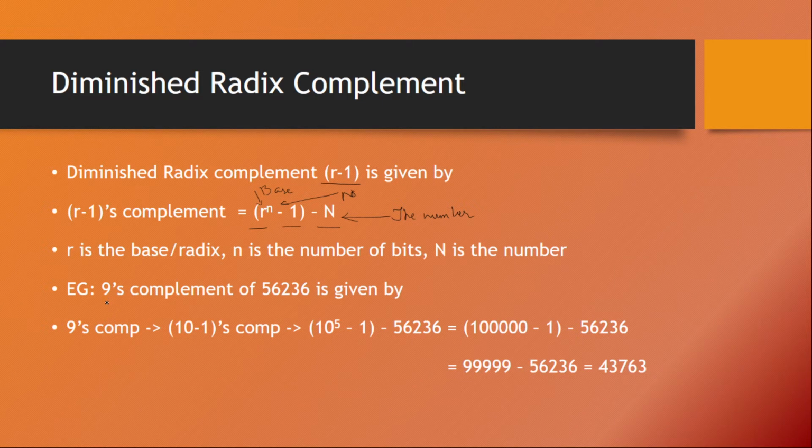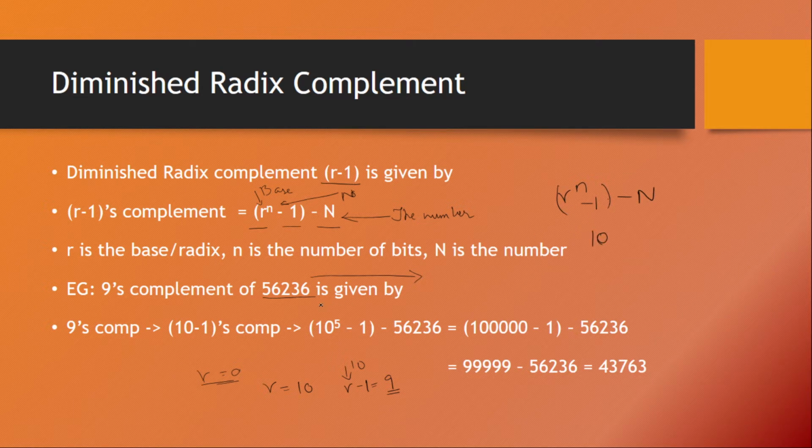Let's try to get the 9's complement of 56236. 56236 is a decimal number. If I want to get the 9's complement of this decimal number, I have one option. Since it is 9's complement, the R value is 10, and you know that R minus 1 gives you 9. So according to this formula, it is R power n minus 1 minus N. R's value is 10.